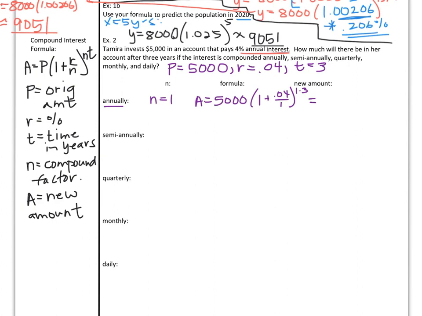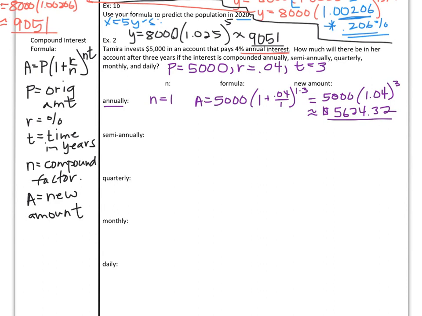So if we enter that in, 1 plus 0.04 divided by 1, that would just give us 5,000 times 1.04 to the third power. Entering that into your calculator, after 3 years, Tamira would have approximately $5,624.32. Not bad for putting money into a bank and then not doing anything else with it.